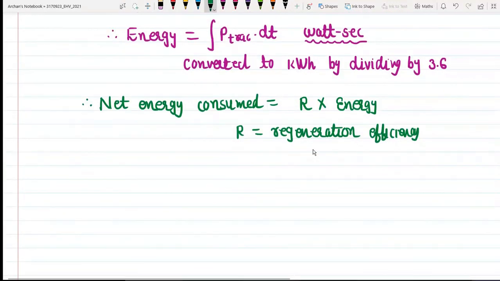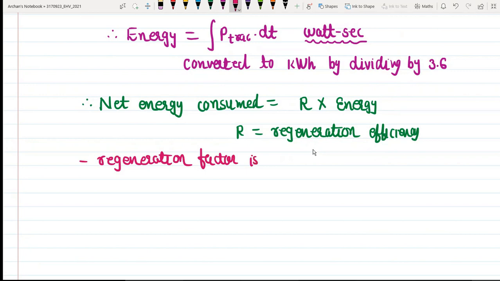But for an electric vehicle, as of now, the regeneration factor is typically 15% to 30%.